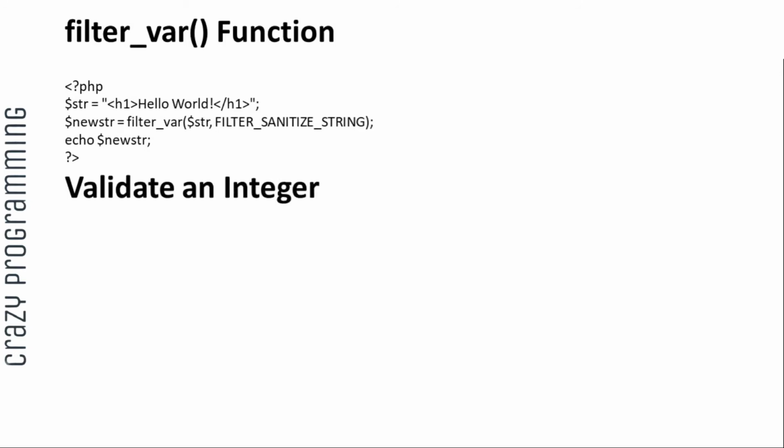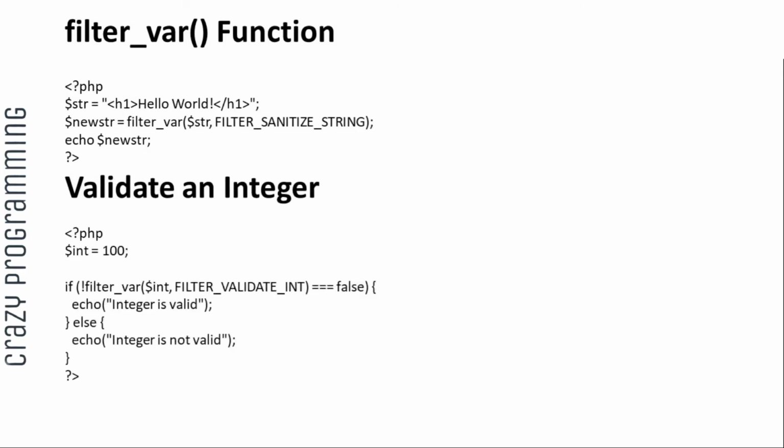Now we will validate an integer. This is a simple code. Just we are going to create a variable and check whether the variable contains an integer value or not. So this is a small practice. I created one int variable, and its value is 100, and then I use an if statement.